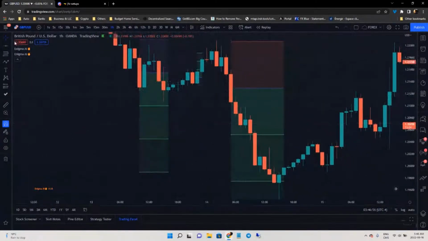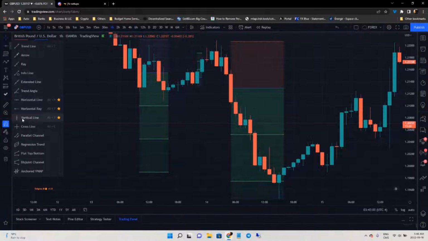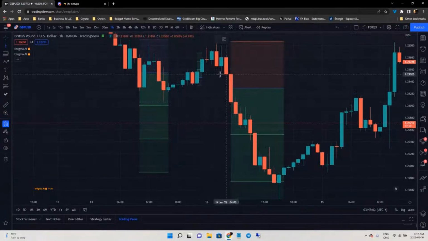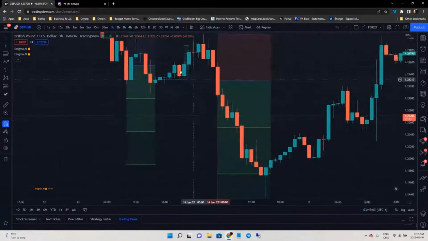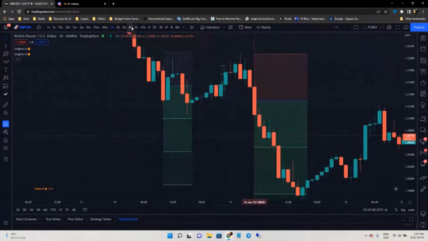So for this trade, same process. I'm just gonna do it again. Put a horizontal line right here.